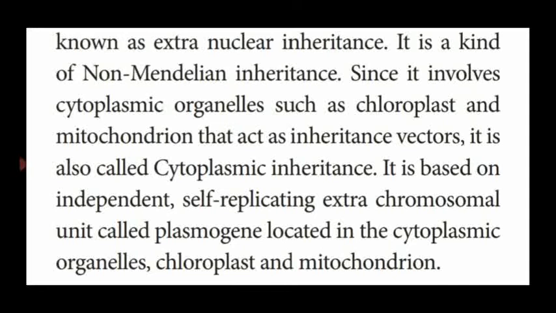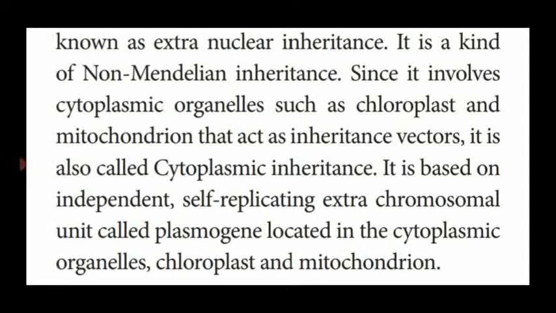Another 2-mark question: What is cytoplasmic inheritance? The cytoplasmic organelles such as chloroplast and mitochondria act as the inheritance vector. This is called cytoplasmic inheritance. Dear students, in this paragraph, there are 2-mark questions. One is, what is extranuclear inheritance?